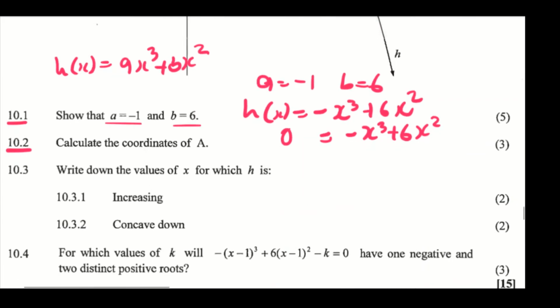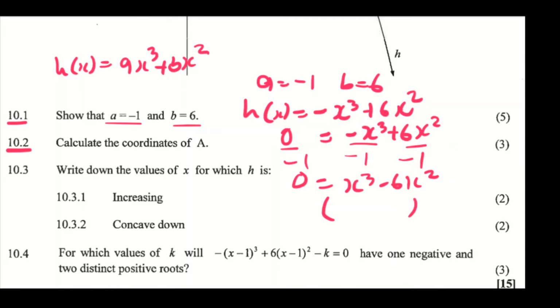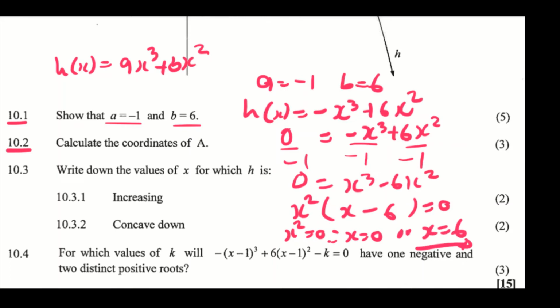And then I'm just going to divide everything by negative. I have 0 equals x cubed minus 6x squared, and then I factorize. I'm going to have x squared into x minus 6 equals 0. So x squared equals 0, therefore x equals 0, or x equals 6, right?